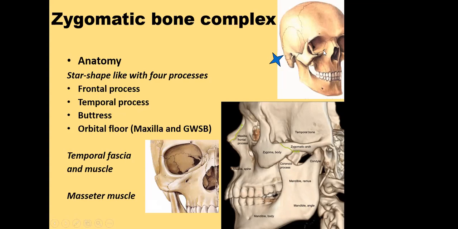From the orbital floor itself, and this one which is coming from the what? The zygomatic process. And you can see that there's a point of weakness here. And there's a point of weakness here. So that's why this bone is really kind of like hanging, if I may say.